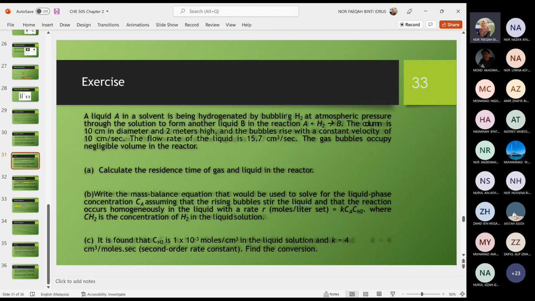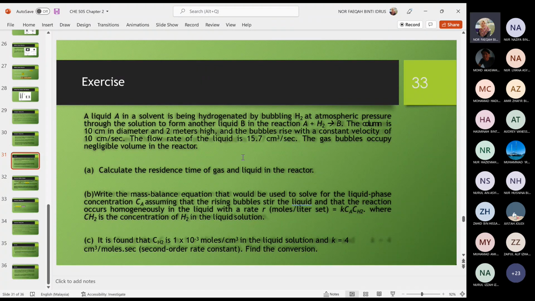By bubbling H2 at atmospheric pressure through the solution to form another liquid B in the reaction A plus H2 produces product B. The column is 10 centimeter in diameter and 2 meters high, and the bubble rises with a constant velocity of 10 centimeter per second.